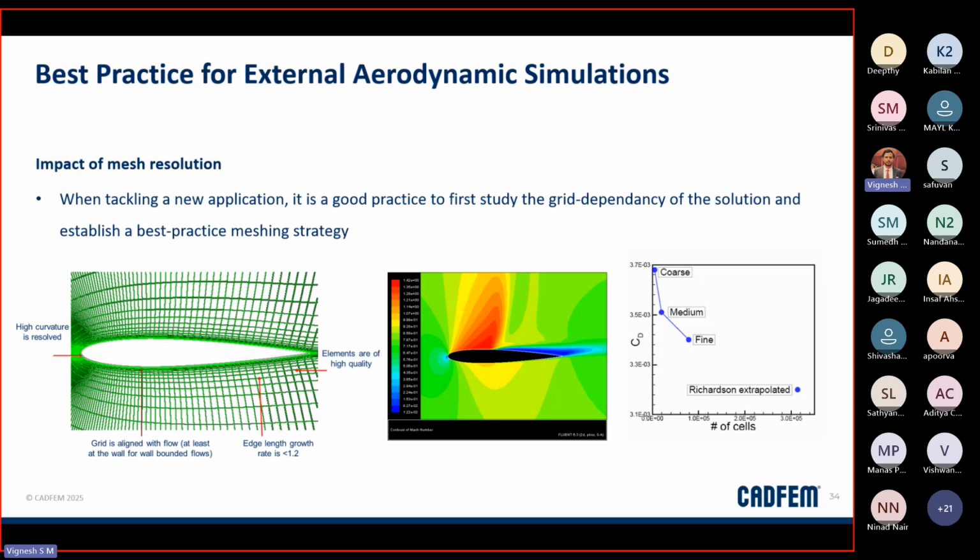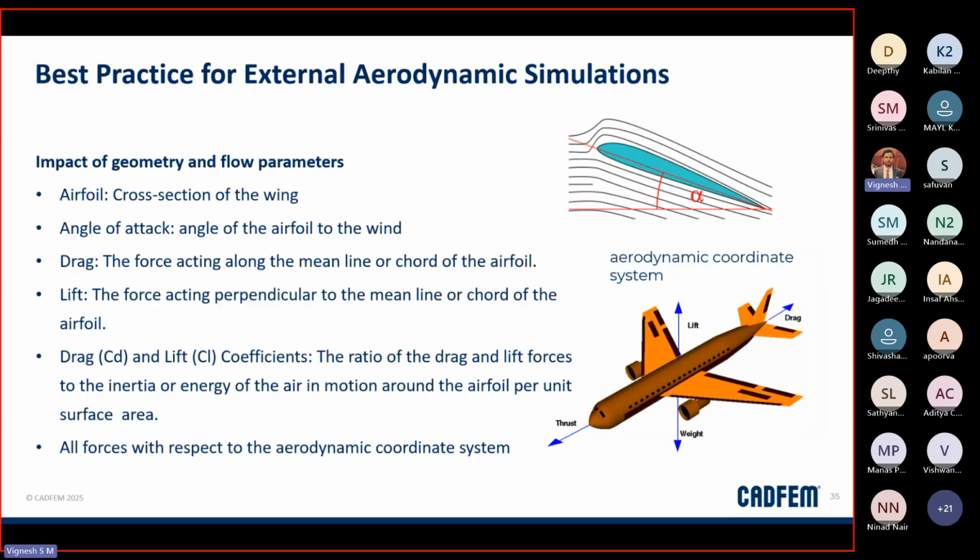And also make sure you give the right number of mesh layers, boundary layers on the surface, somewhere between 10 to 20, to capture the boundary layer effects. And for best practices on geometry and flow parameters, I also mentioned the angle of attack. Make sure you are converting the normal force as well as the axial force into the respective drag and lift forces.